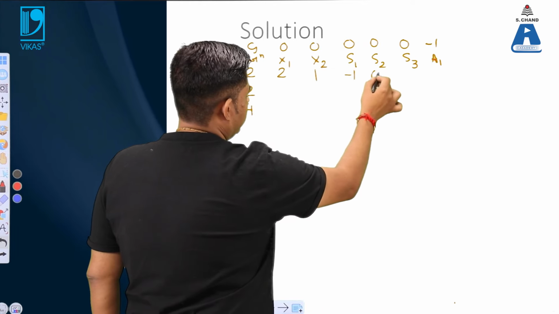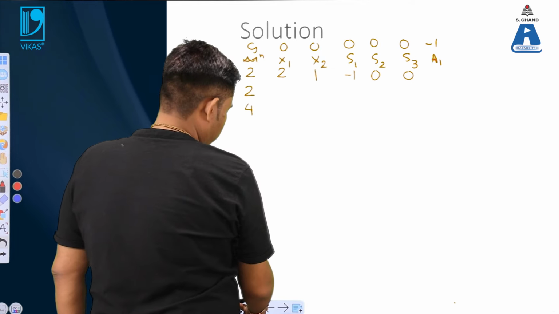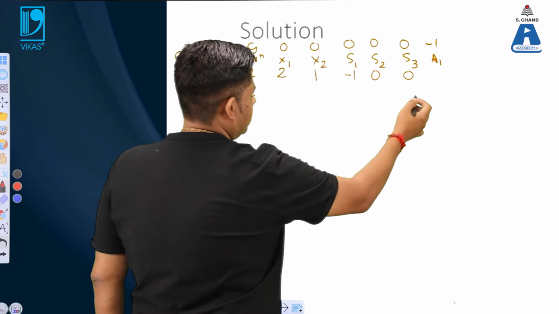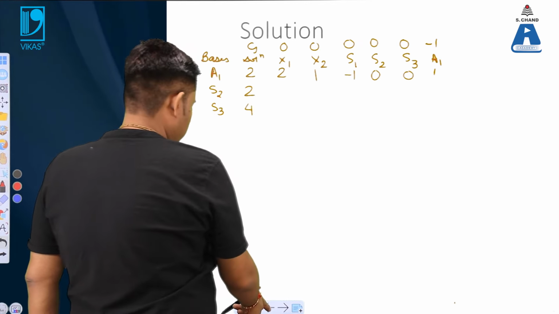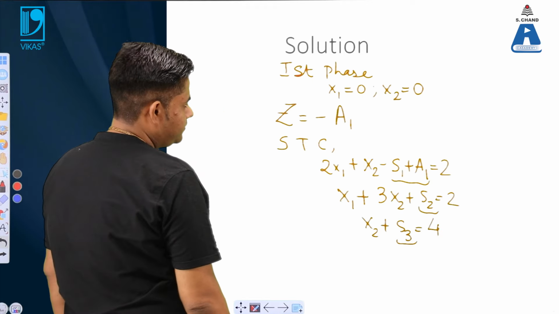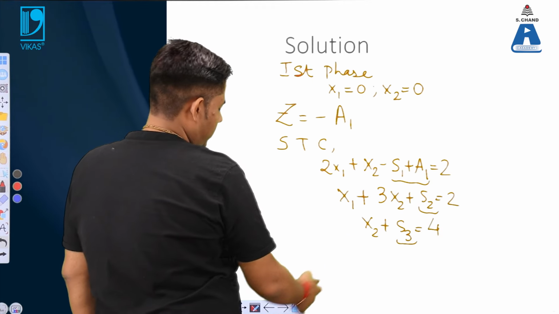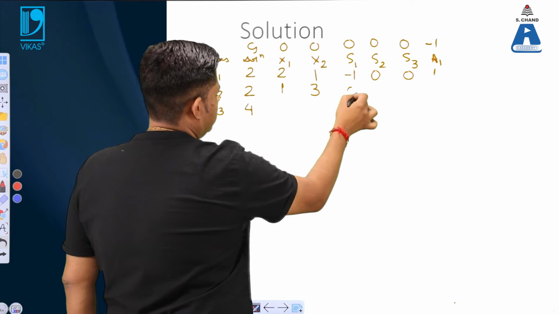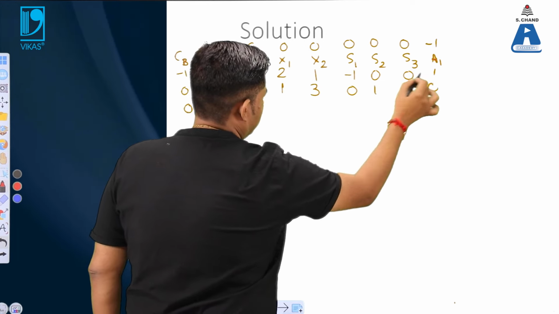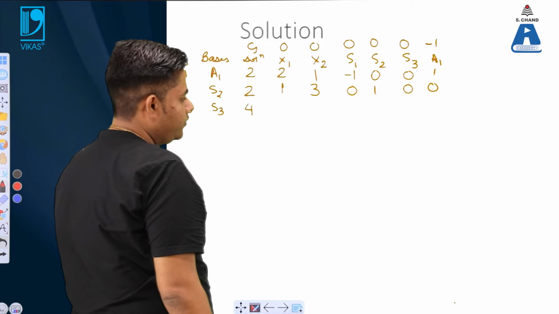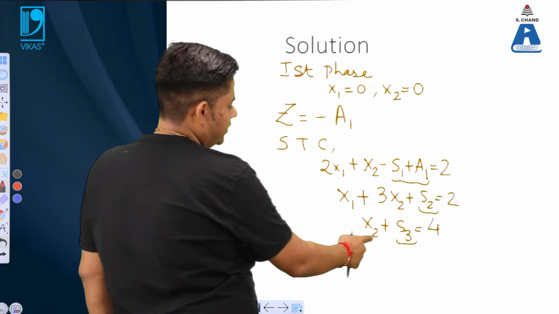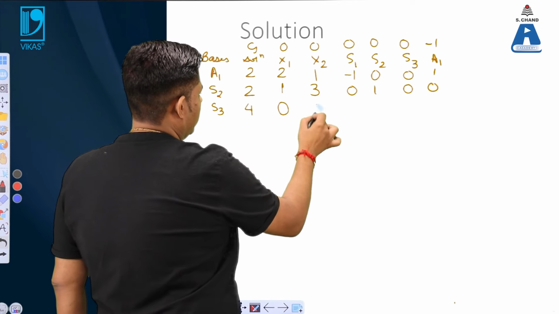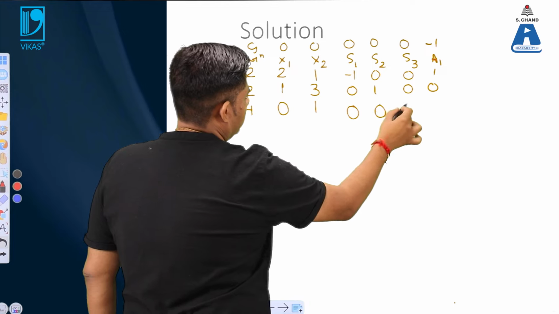You don't have s2 and s3's coefficients, but you have the coefficient of the artificial variable which is 1 here, so you need to write 1. Then for the next equation, we have x1, 3x2 and s2. So you have to write 1, 3, 0, 1, 0, 0. And for the third equation, what do you have? You have x2 and s3. So you have to write 0, 1, 0, 0, 1 and 0.